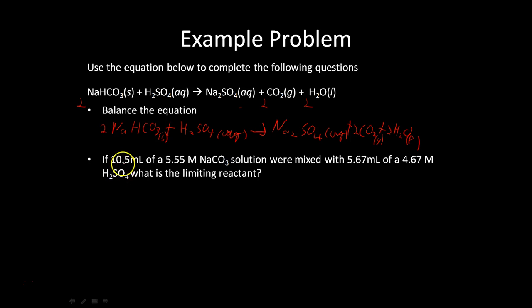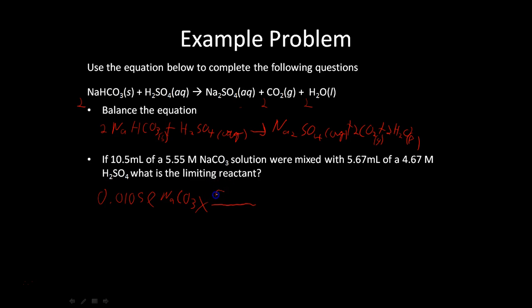What I'm going to do is go from milliliters and the concentration to moles of water and see which one is creating less water. So we start with what's given, and I'm going to convert these automatically into liters. So 0.0105 liters of NaCO3. Then I'm going to use the concentration to convert that into moles.